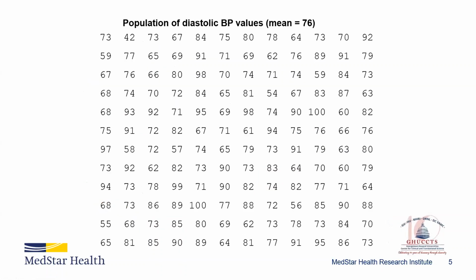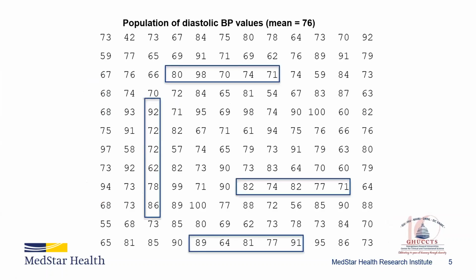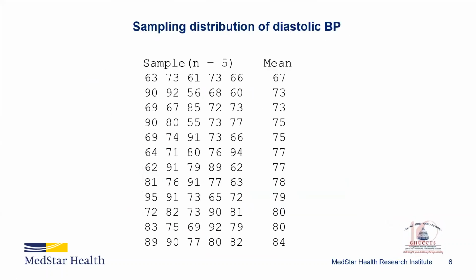And so to sort of illustrate this, I had a population of diastolic blood pressures, of which the mean is 76. And so if I were to draw random samples from this population of n equals 5, or size 5, then I would get what's called a sampling distribution.